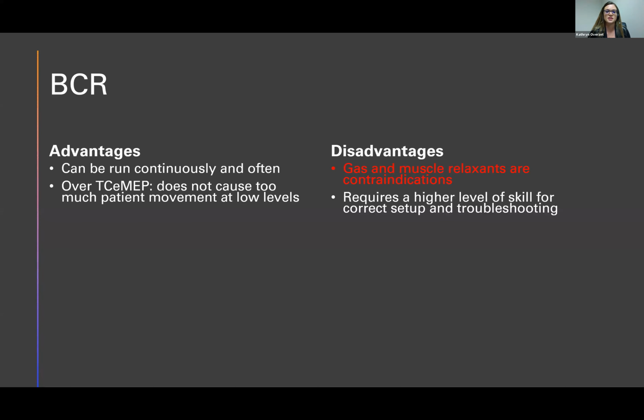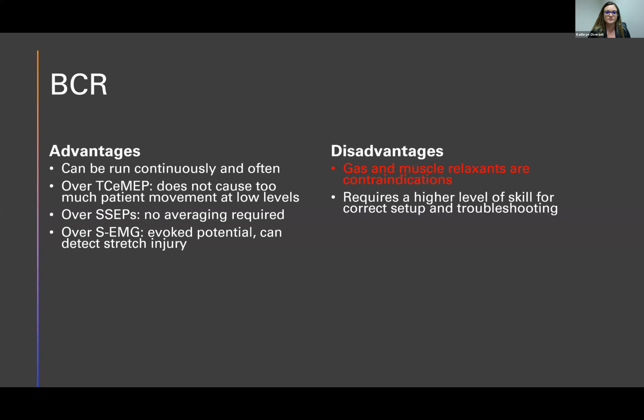It can be run continuously and often. It doesn't cause a lot of patient movement, so it's fantastic as far as being able to run it constantly. It doesn't require any averaging to be done. And it's an evoked potential, and it can detect stretch injury, which is superior to just running spontaneous EMG. It has a very specific target, right?